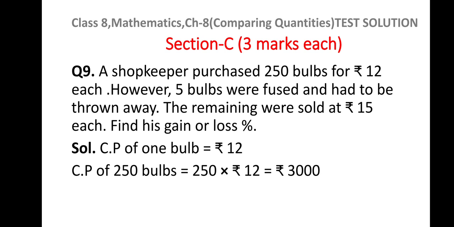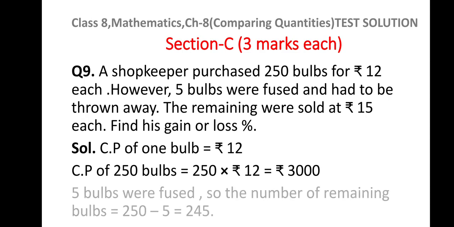Now it is given to us in the question that 5 bulbs were fused and had to be thrown away. So the remaining bulbs will be 250 minus 5, that will be 245.